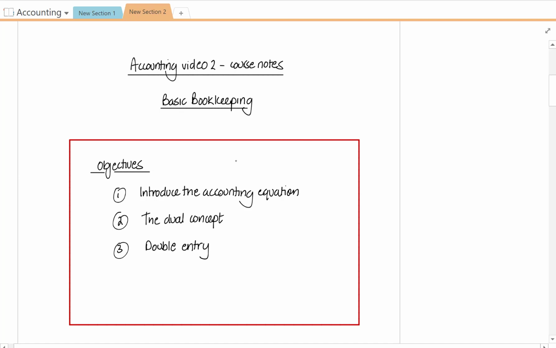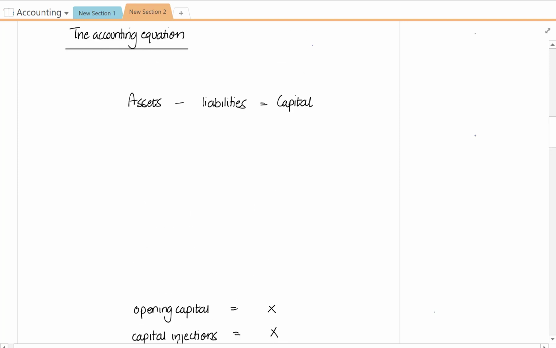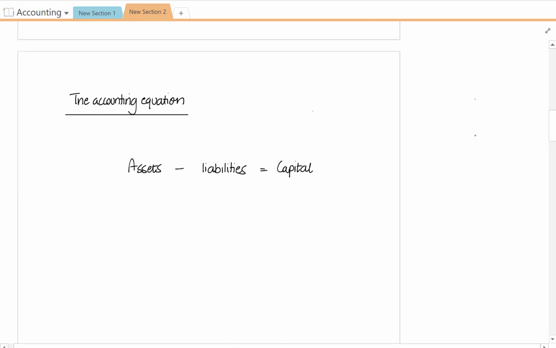So over onto the next page, I have noted the accounting equation. It's a simple formula and hopefully this equation makes sense. So it reads that assets, what the business owns, less liabilities, what the business owes, should equate to capital.